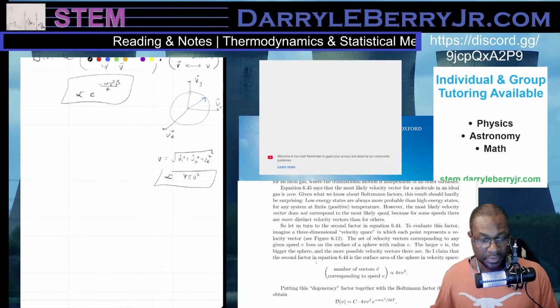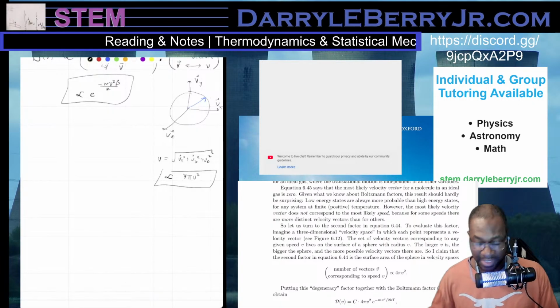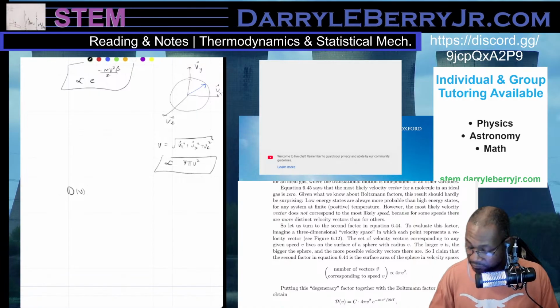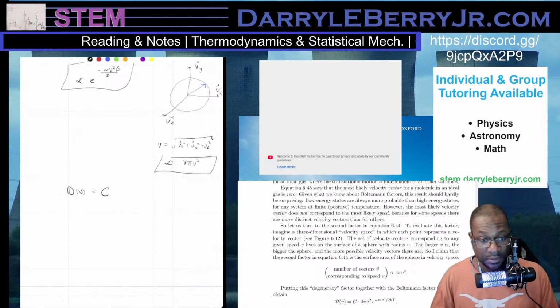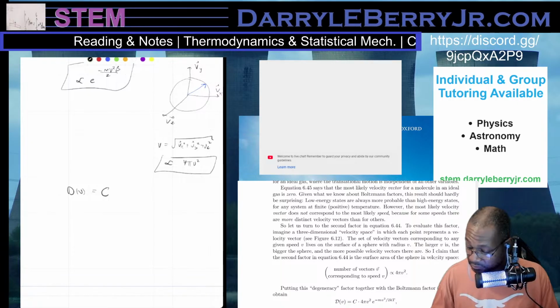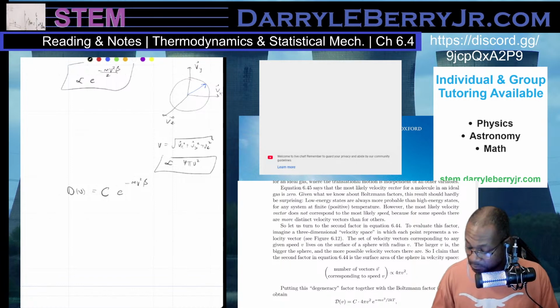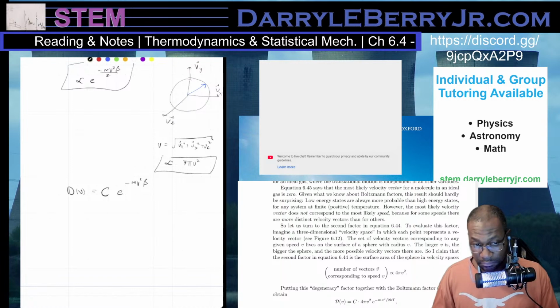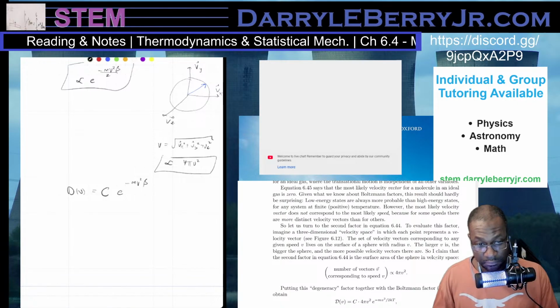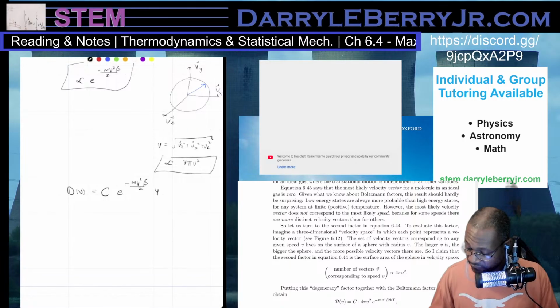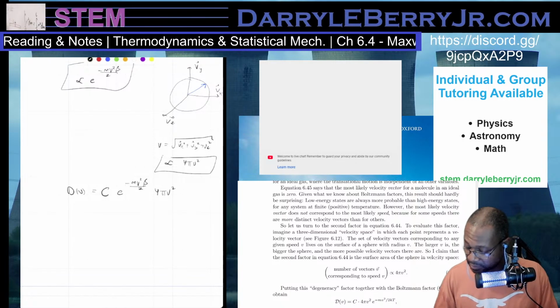Putting this degeneracy factor together with the Boltzmann factor, we obtained dv equals c, constant of integration, e to the negative m v squared b over 2, and 4 pi v squared.